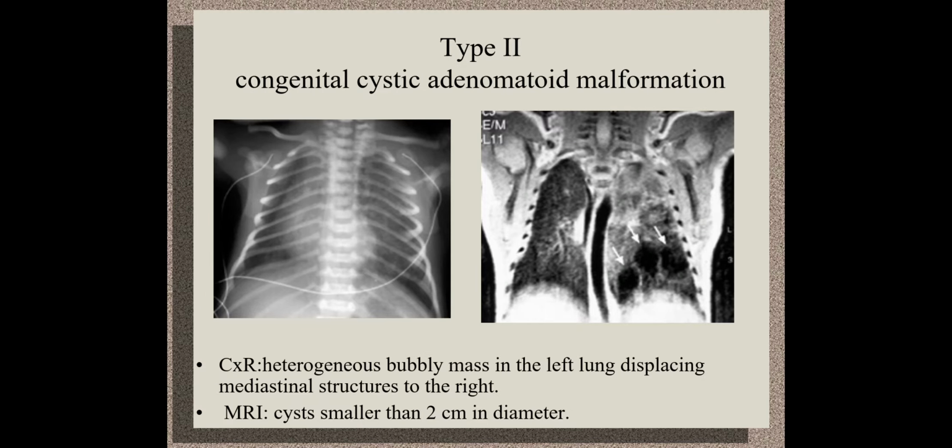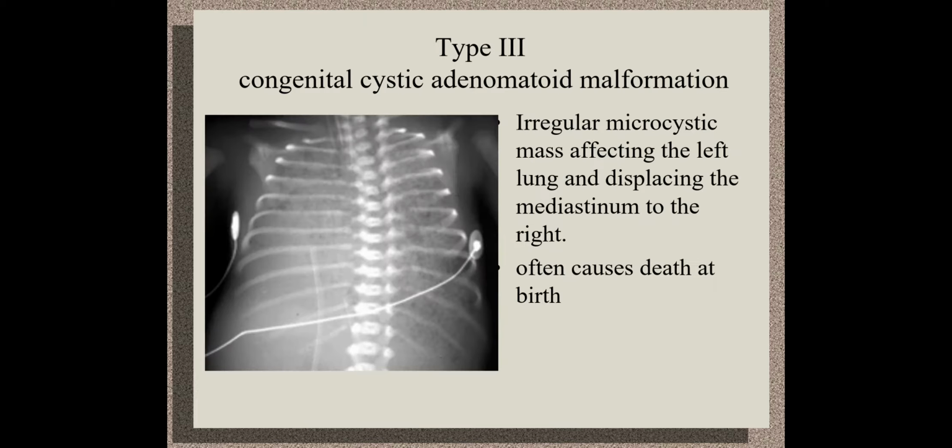Another patient with type 2 affecting the left lung, displacing the mediastinal structures to the right. And this is type 3 congenital cystic adenomatoid malformation: an irregular microcystic mass affecting the left lung and displacing the mediastinum to the right, often causing death at birth.